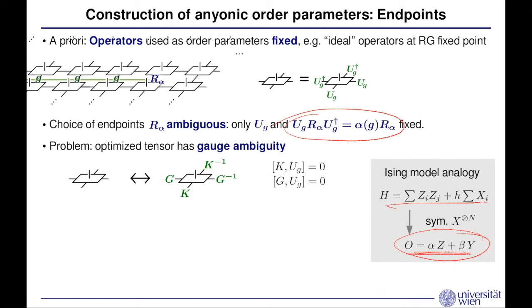If I do variational tensor network methods, there's a gauge ambiguity, right? I could take any tensor and replace it by a tensor with some gauge transformation. And in the specific case, all I need is the gauge transformation commutes with the symmetry. Within each irrep, it can do anything. And this is somewhat uncontrolled a priori. And this would be the same as saying I'm taking the Ising model, and for each value of the field, I do a random rotation in the YZ plane, right?